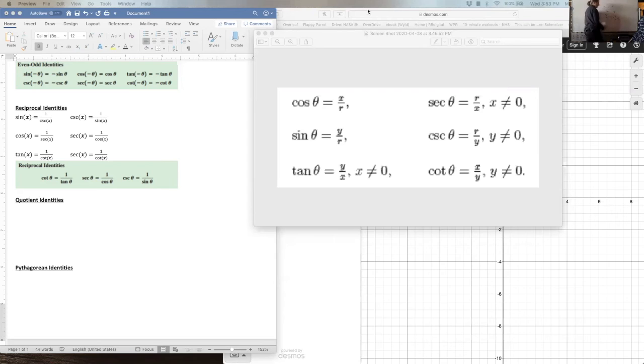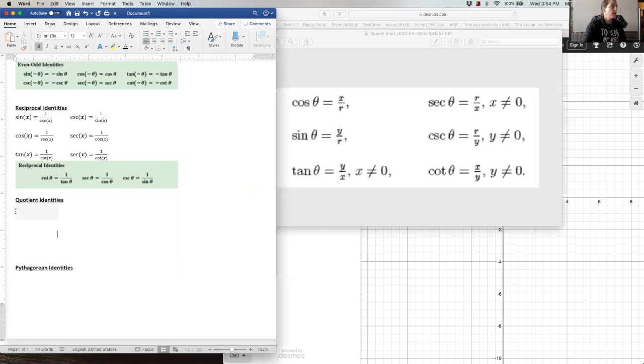Notice that our r's cancel, and we're just left with y over x. But y over x is the same thing as tangent. So that means we can express tangent as sine over cosine.